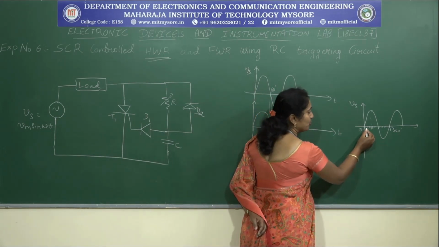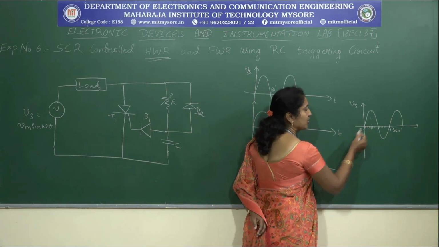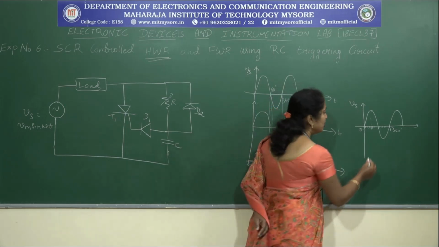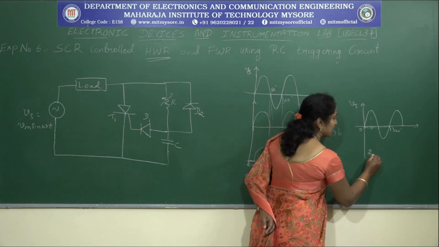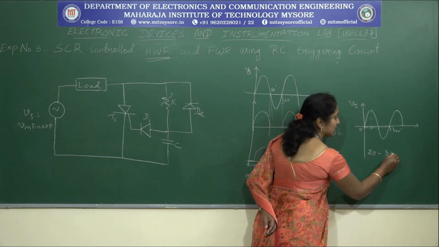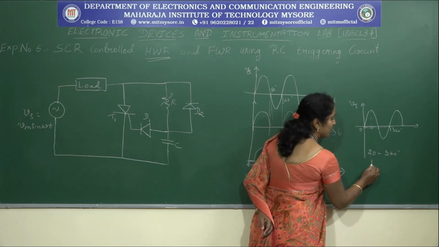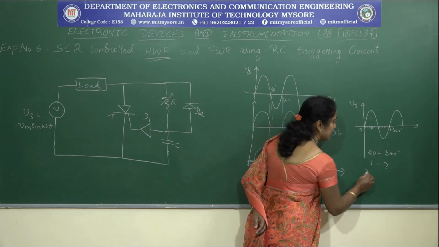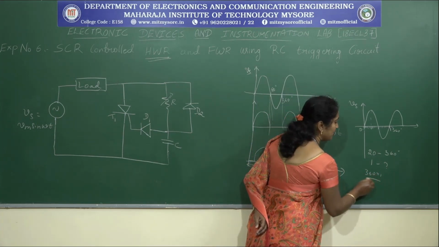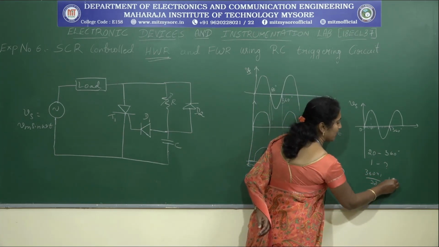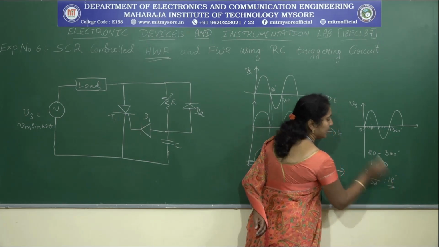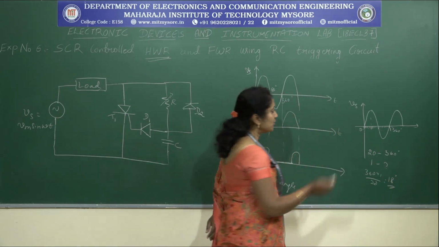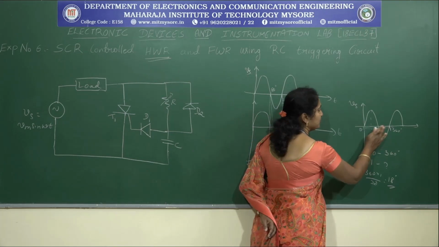Now you have to measure how much angle each division is. So 20 divisions are there for 360 degrees, and for one division, 360 into 1 divided by 20 is equal to 18 degrees.